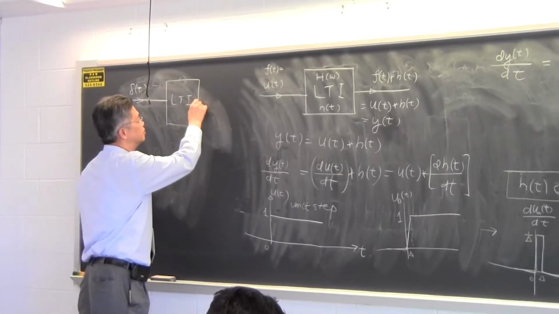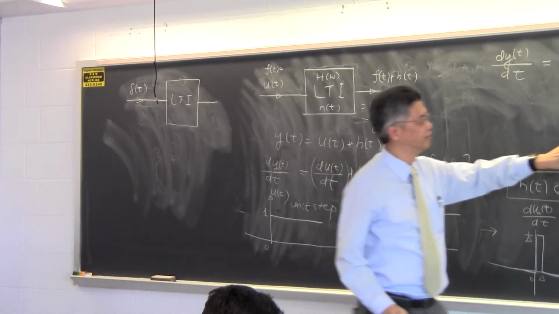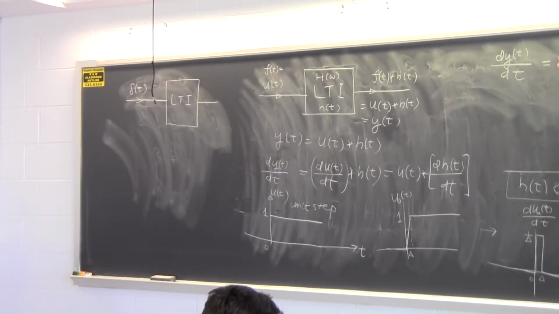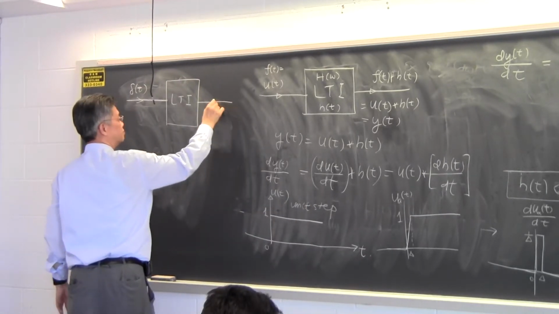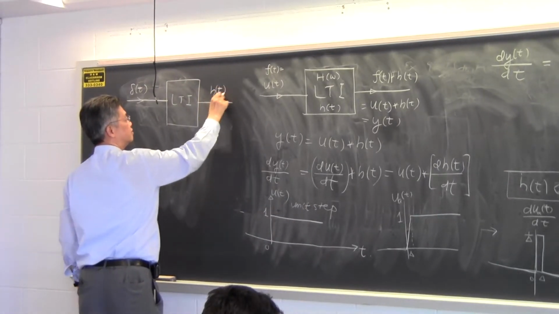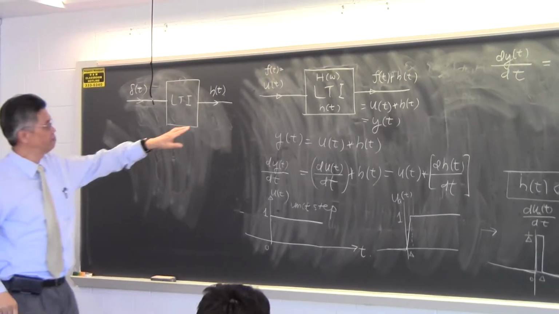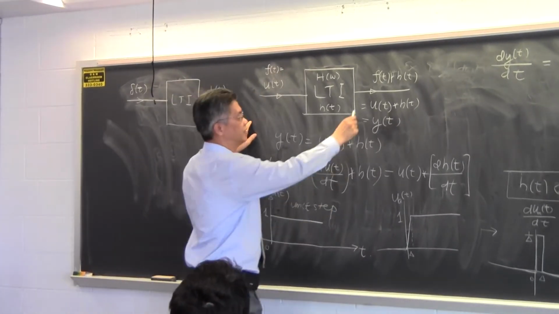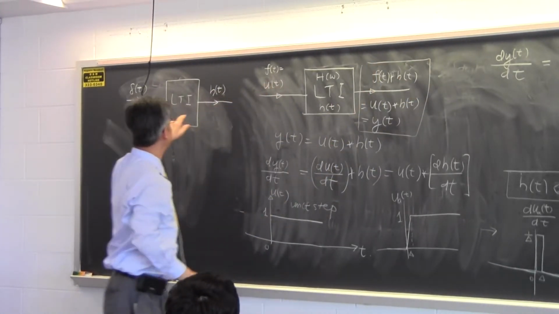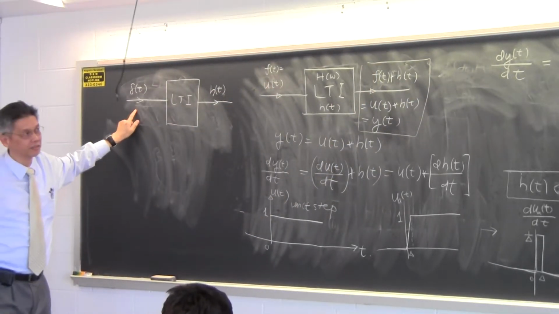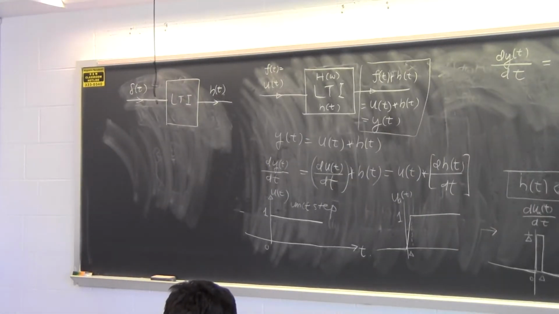But then when I have this thing convolving with that thing, I always get my output to be h of t. You agree? Can you see that? When the input is a unit step function, the output is this. But if the input now has been converted into a delta function, according to this rule, the output is always h of t.